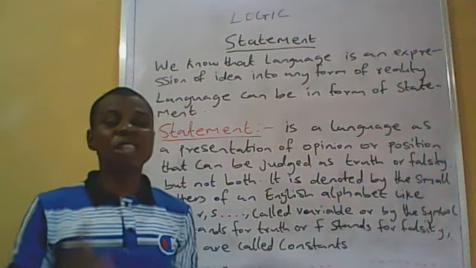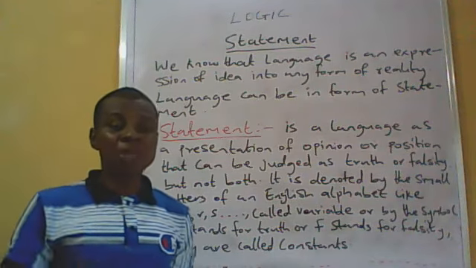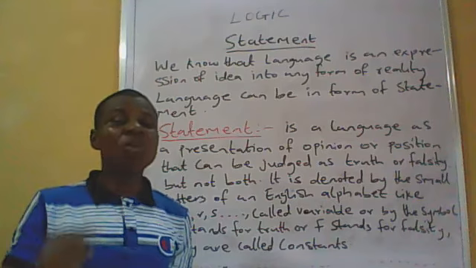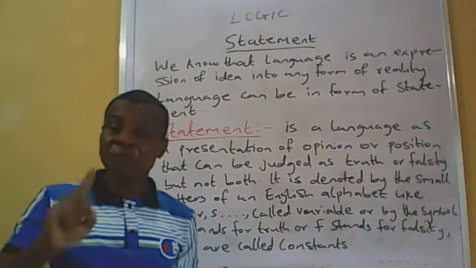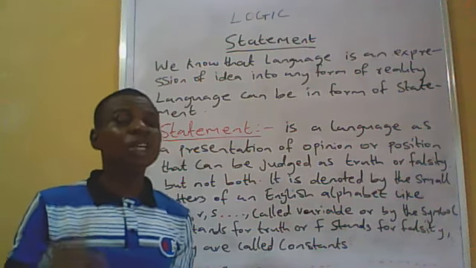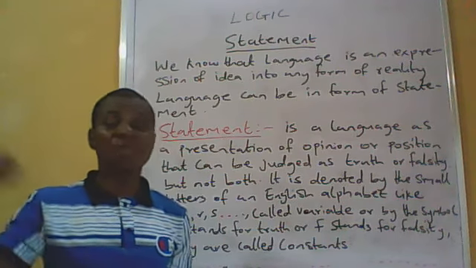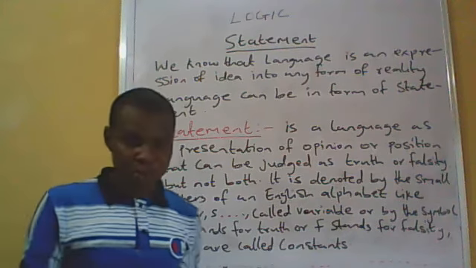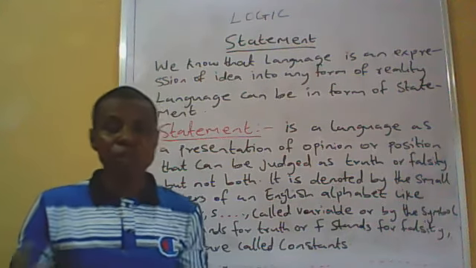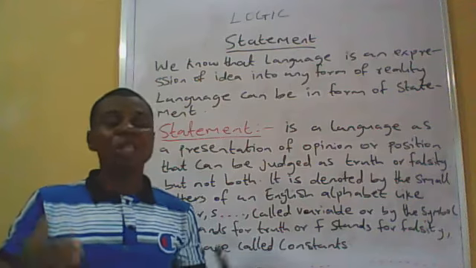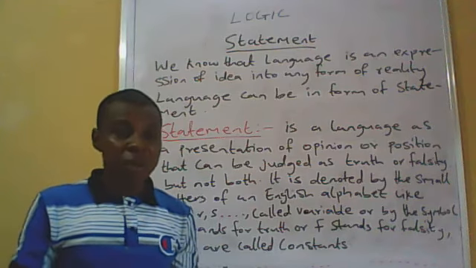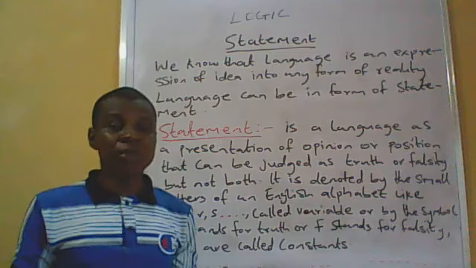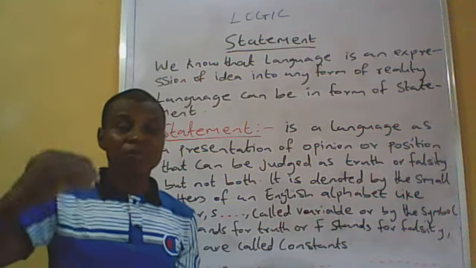And also this statement is being denoted by the small letters of the English alphabet, like P, Q, R, S, and so on. So they are called variables. This P, Q, R, which we use to denote statements, are called variables because they can change.